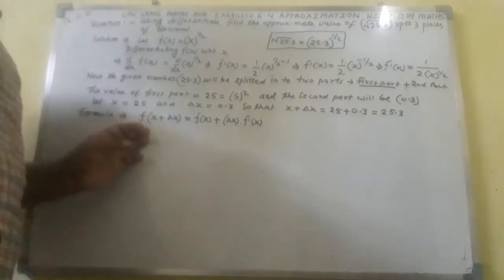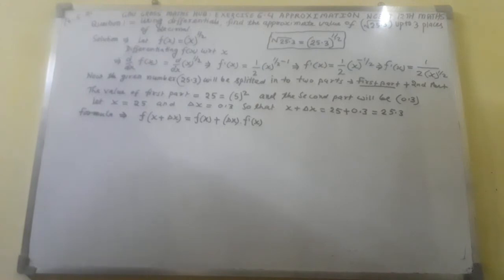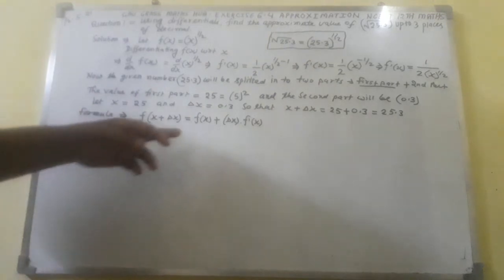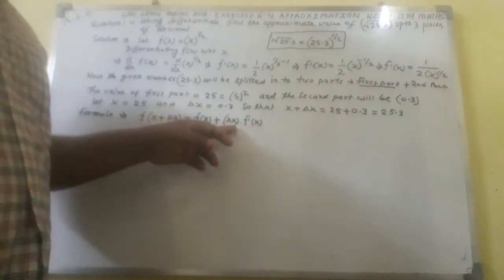This is the general formula for getting the approximate value of any number. f of x plus delta x equal to f of x plus delta x dot f dash of x. This is the general formula you must remember.